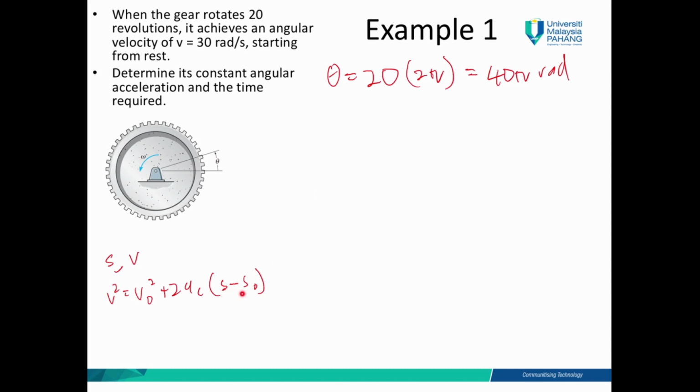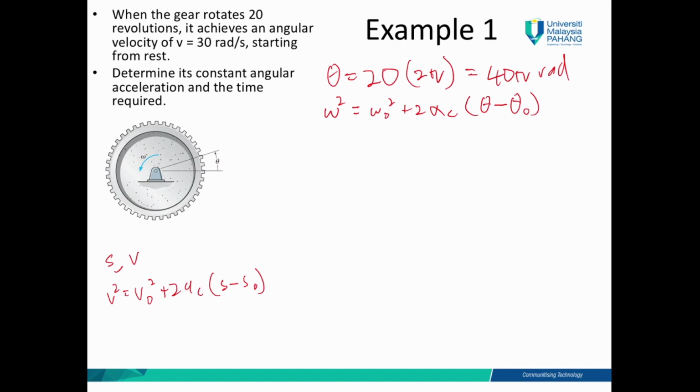Because you have your displacement, you have your velocity and your initial velocity, then you need to solve for acceleration. So similarly, for angular, you use the same equivalent, which is ω² is equal to ω0² plus 2 alpha c, constant acceleration, times the displacement.